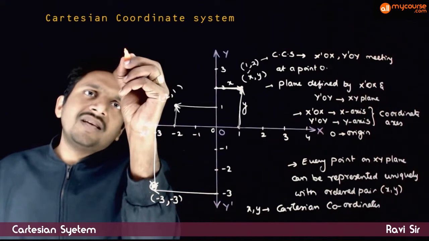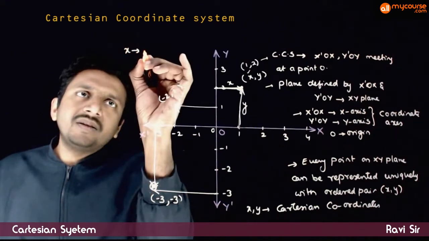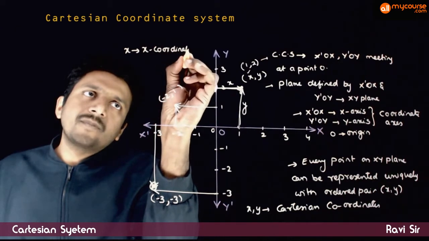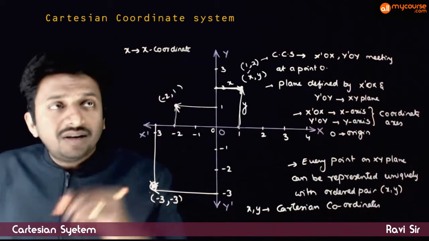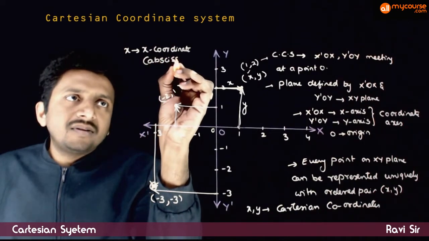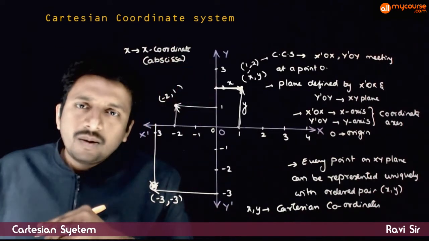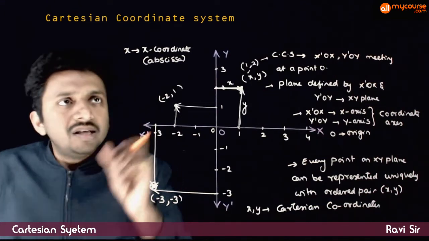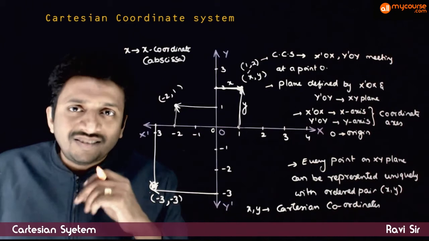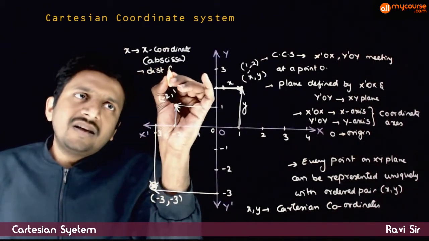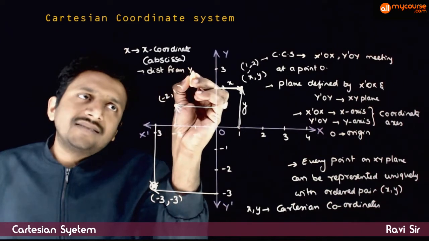So what is the x-coordinate of the point? X is called the x-coordinate, or is also called abscissa. This is a common name. What is the abscissa of a point? That means what is the x-coordinate of a point? So abscissa or x-coordinate is defined as the distance from y-axis.